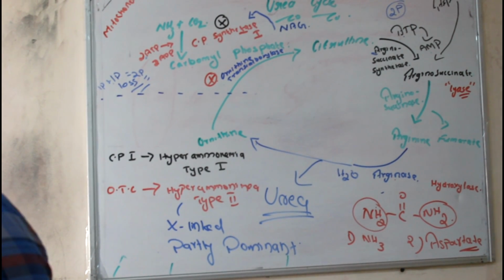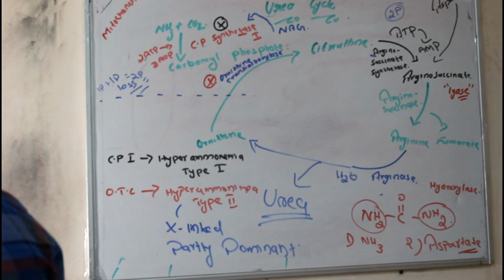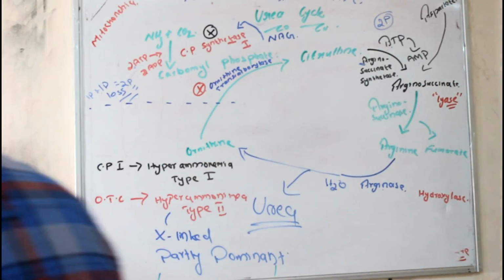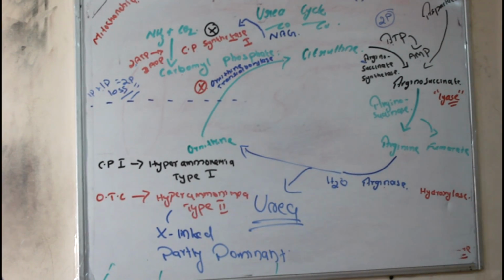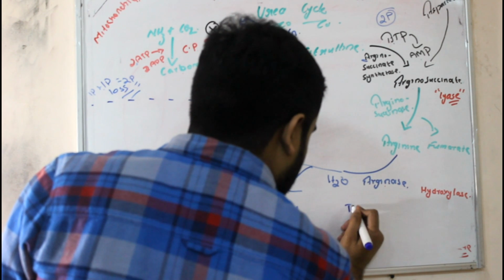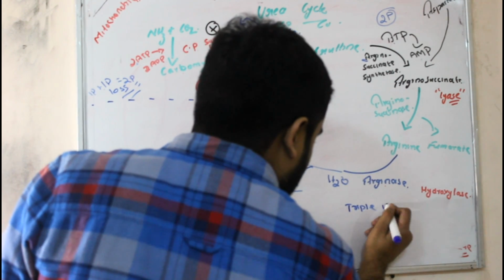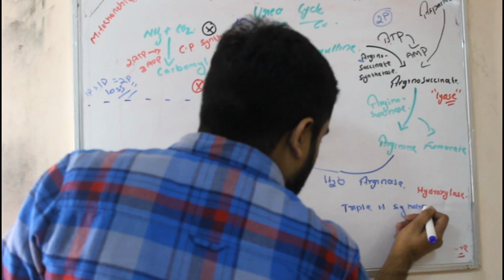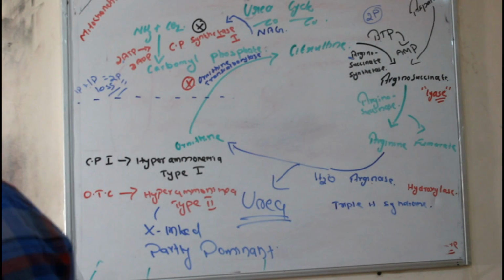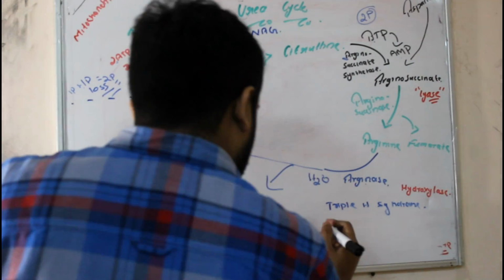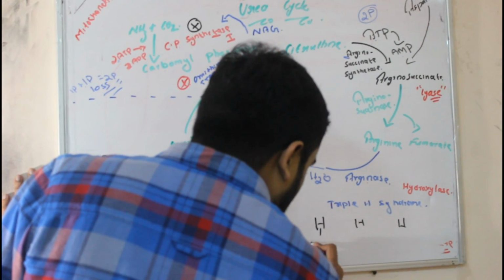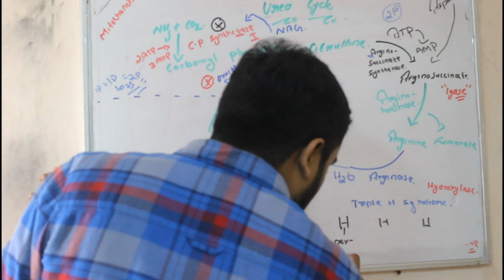Now we have one more very important disease. It is known as triple H syndrome. It's not the WWE triple H. It is triple H in biochemistry. So what are the triple H here? The first H is for hyperammonemia.